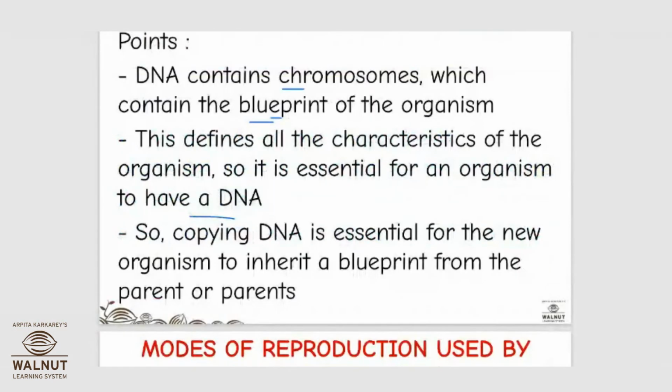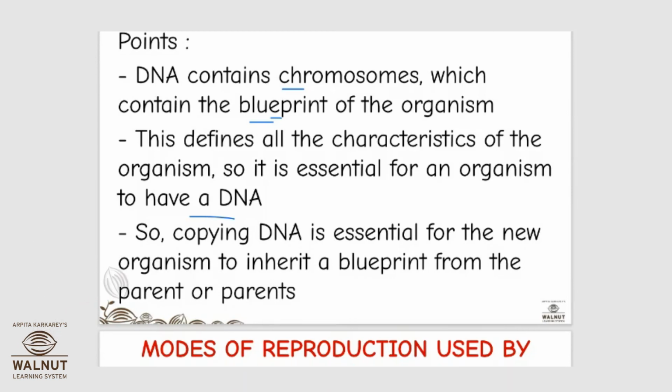A cat's DNA will not match a dog's DNA, right? A cat's offspring will be a kitten only. Meaning a kitten will have all the characteristics that the adult cat has, right?